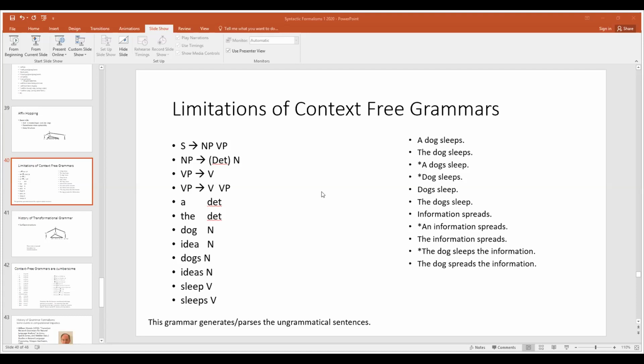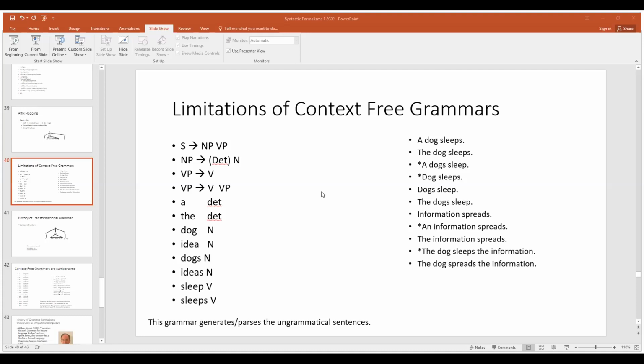So what you can't do with this grammar is say the dog sleeps the information. And that's because sleep is intransitive. And if you look over on the right, an intransitive verb phrase only contains a verb. It can't have a noun phrase like the information. So you can see how this more complex grammar can distinguish the ungrammatical from the grammatical sentences.